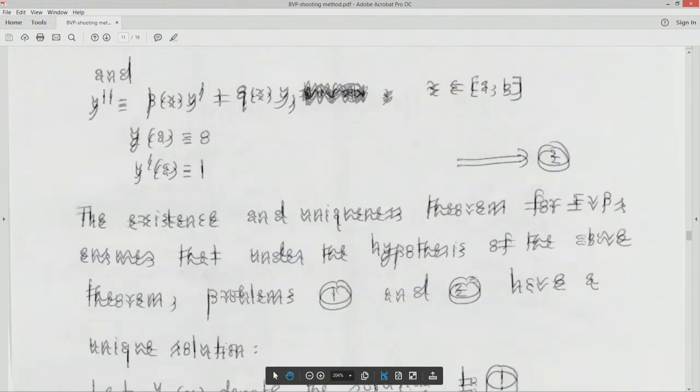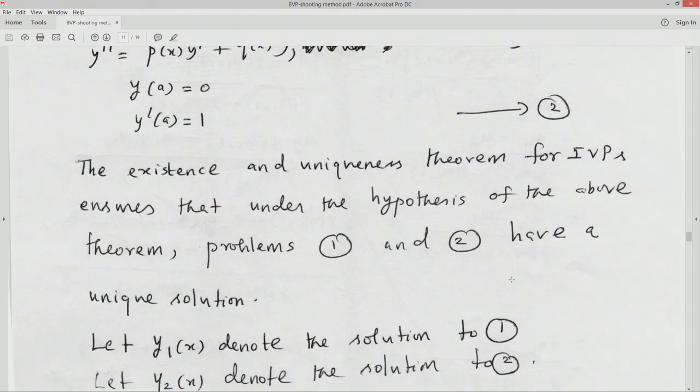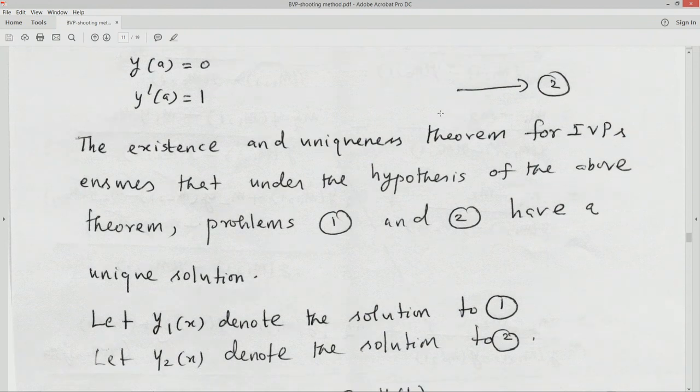Now, the existence and the uniqueness theorem for initial value problems ensures that under the hypothesis of the theorem that we had stated in the beginning, problems 1 and 2, which are initial value problems, have a unique solution. So, we move on to determining this unique solution.